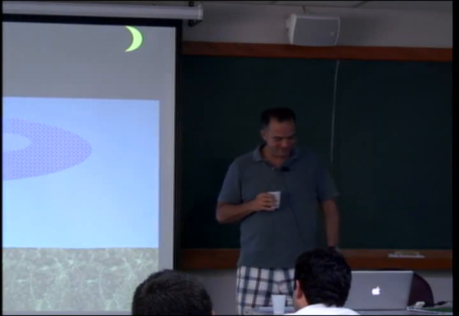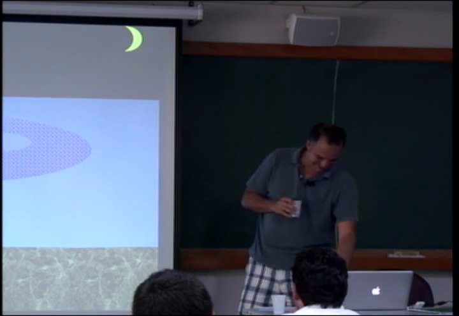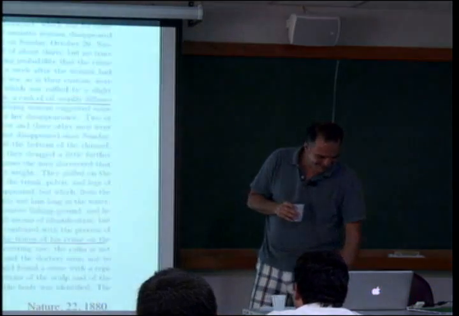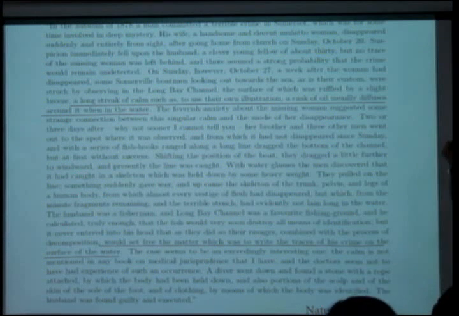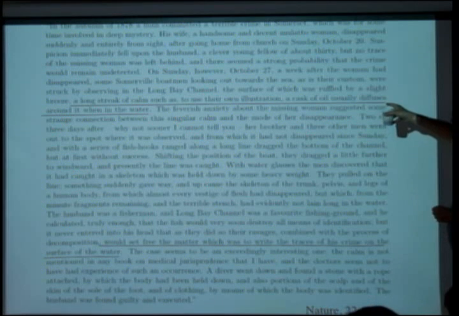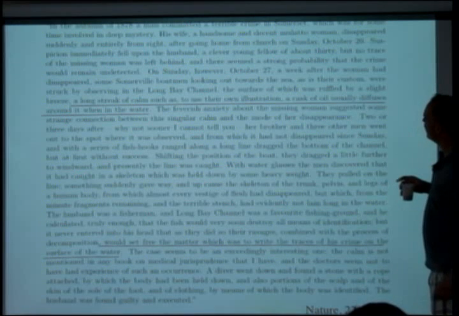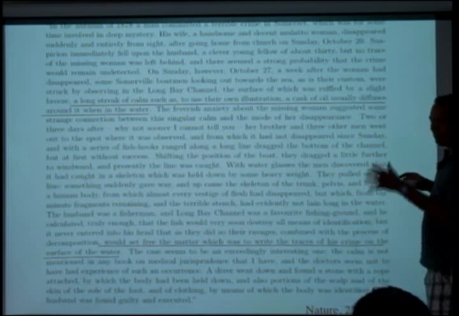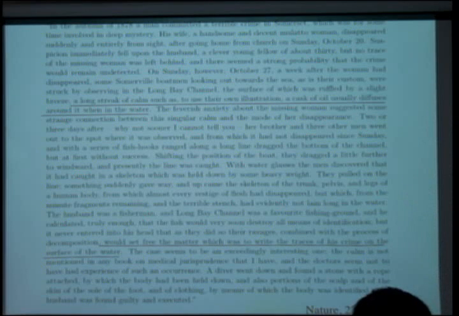There's her husband. How did you know that? Well, that's the only character you mentioned, right? Yeah, right. In Nature, 1880. Okay, so it's 130 years old. But so the husband, a clever young fellow of about 30, had taken her body and thrown it in, and figured that the body would be eaten by the fish, and correctly so.